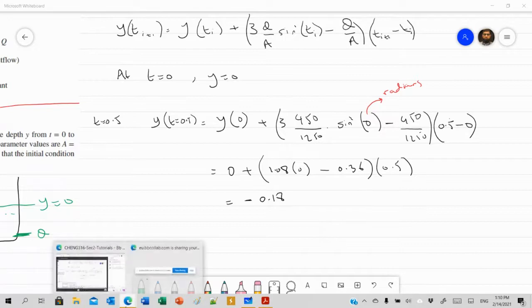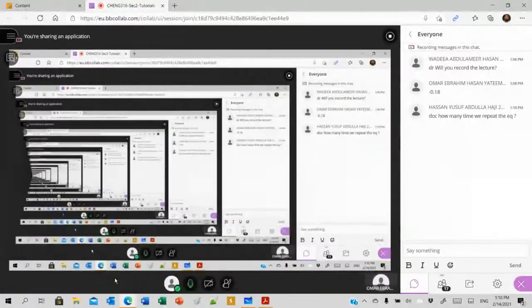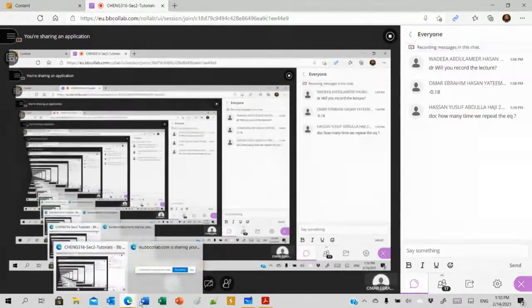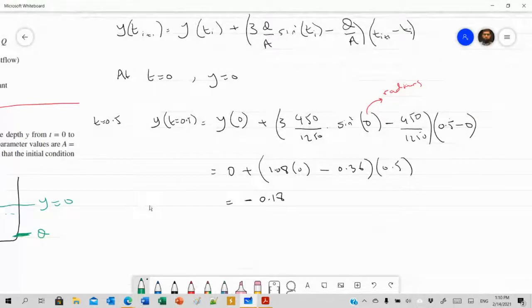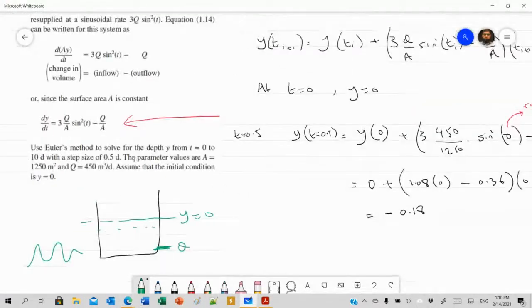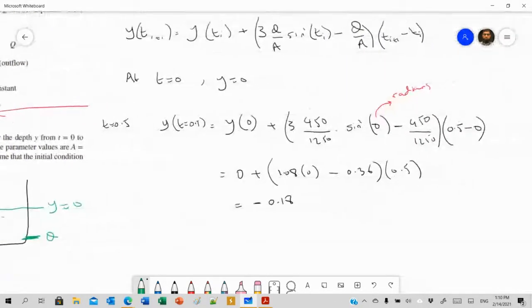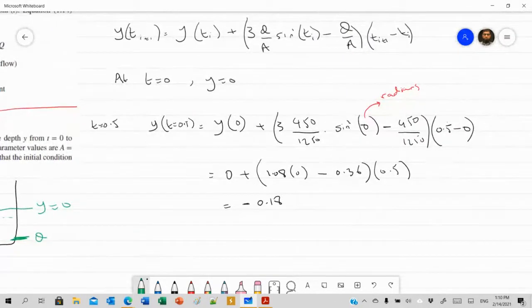Now I can do the two things together. How many times do we repeat the equation? According to the question, it says from 0 to 10. So, let's say 20 times, because you are going in steps of half, so I have to repeat it 20 times. Therefore, if you use Excel, it will be faster for you.